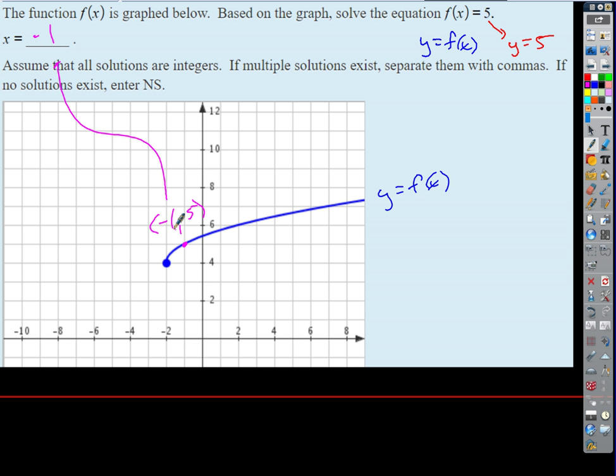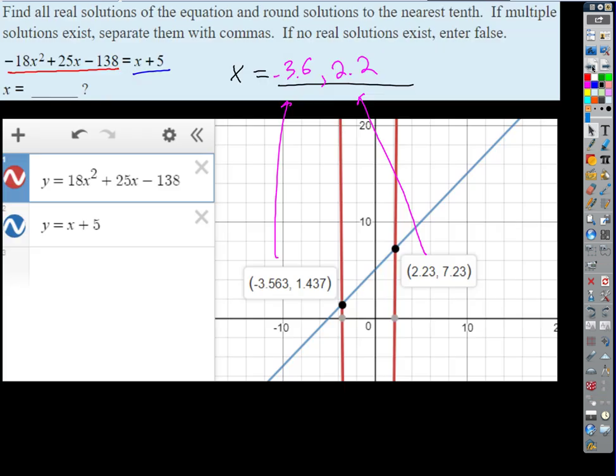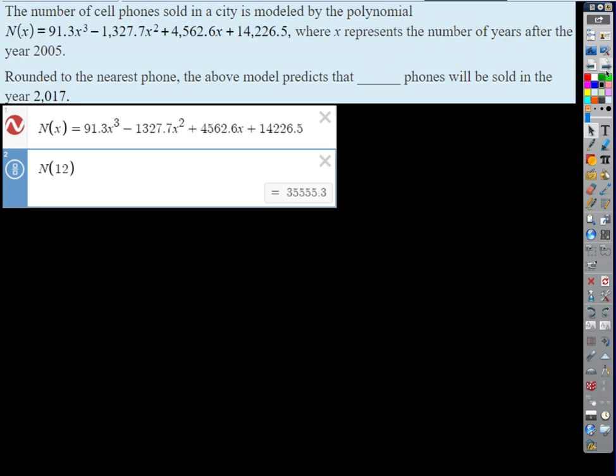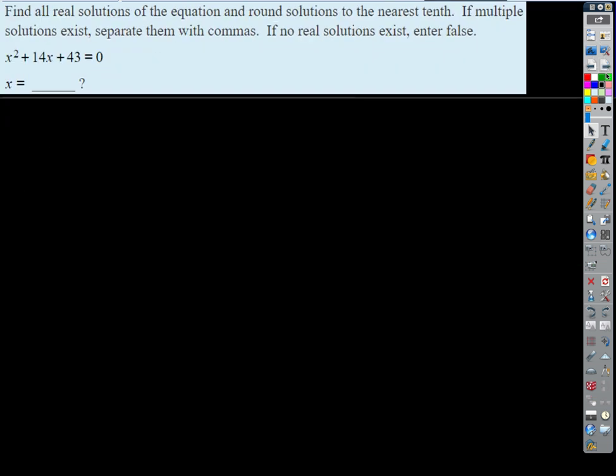The example we looked at the other day was a little harder one, right, where we used Desmos. Set the left side equal to y, set the right side equal to y, and then found the intersections. And the x-coordinates of the intersections were the solutions that we were looking for, right? Okay. If we move forward, I'm going to skip up just a little bit to these problems. Like here's one we could use Desmos to solve, right?